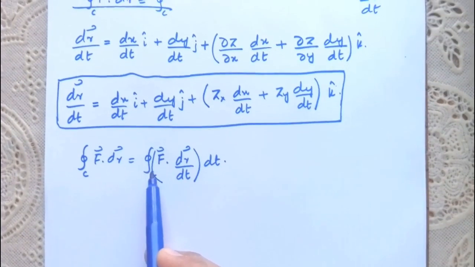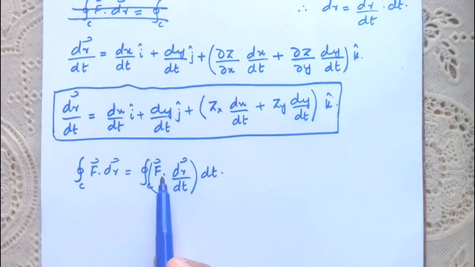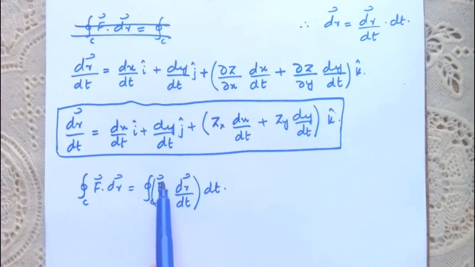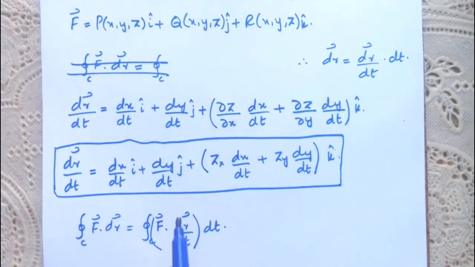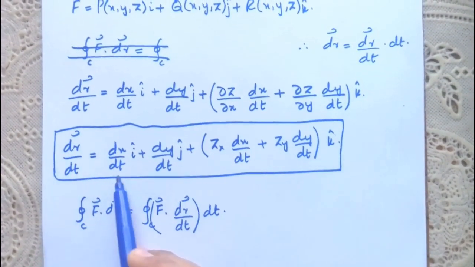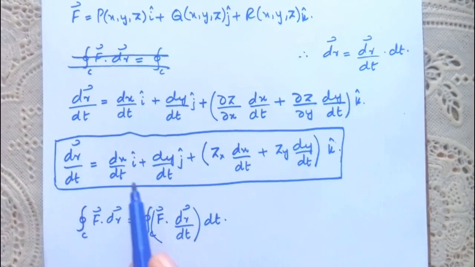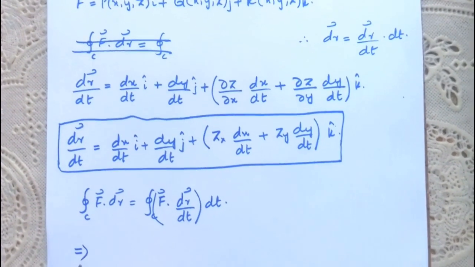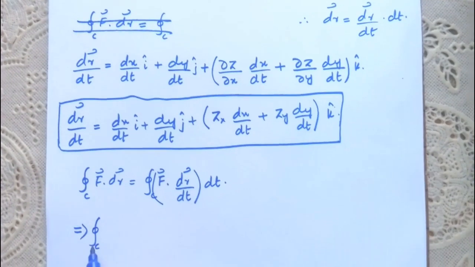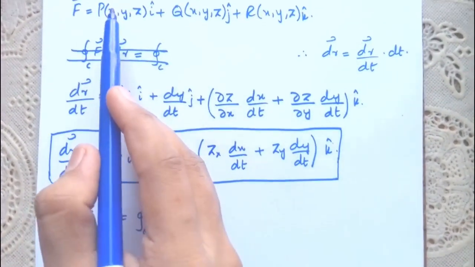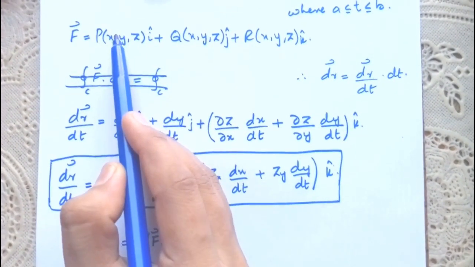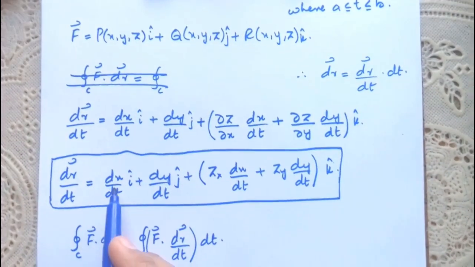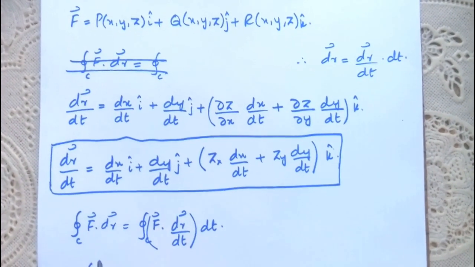So the line integral over the closed curve C is the dot product of the vector field f with this vector dr over dt times dt. So it is equal to the line integral, where the ith component of the vector field f is multiplied by its ith component.